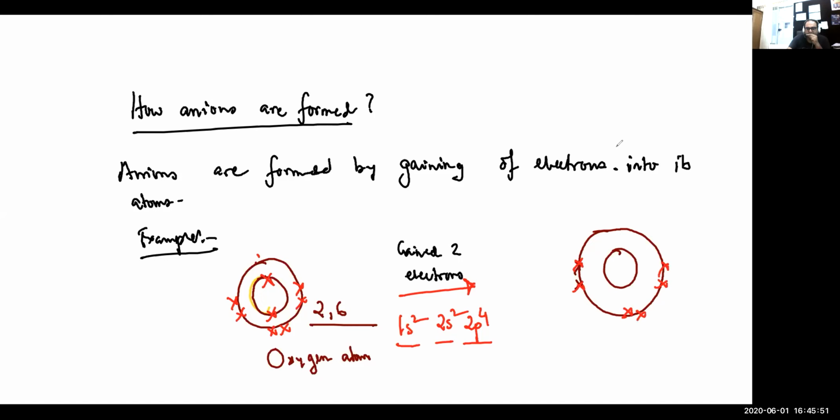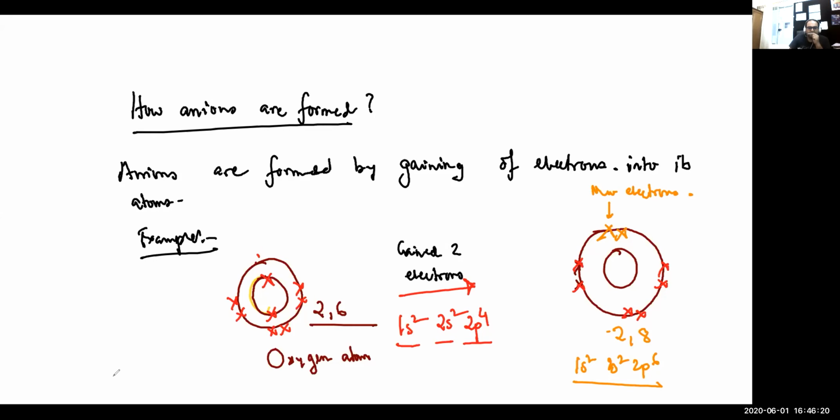And now there are 2 new incoming electrons, marked orange. So now the electronic configuration would be 2, 8: 1s2, 2s2, 2p6. This is the new electronic configuration.